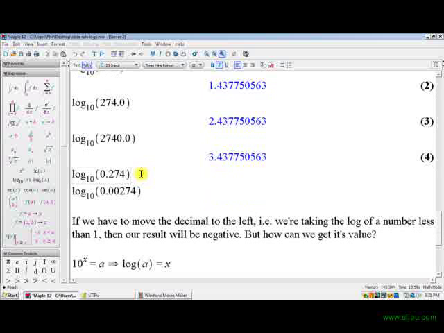However, what happens if we don't move the decimal to the right, instead we move the decimal to the left? Well, if you take a logarithm of 1, it doesn't matter what the base is, you're always going to get 0. So if we take the logarithm of something less than 1, what happens?